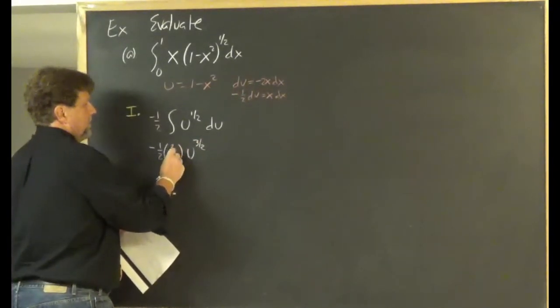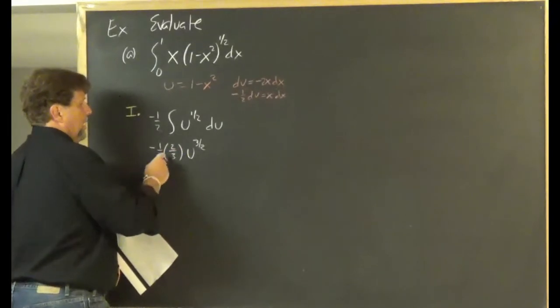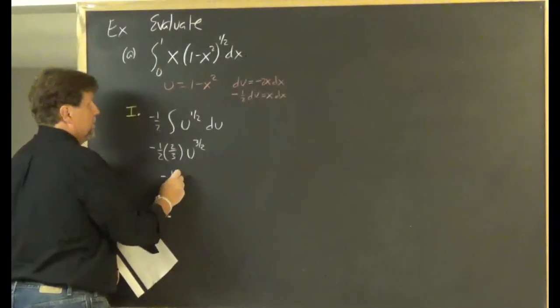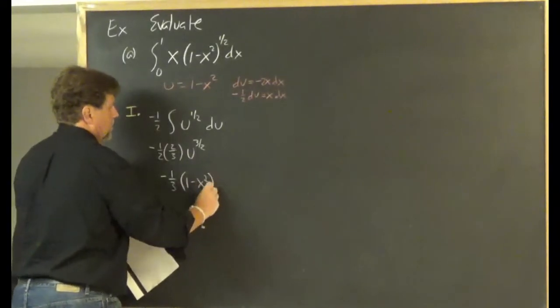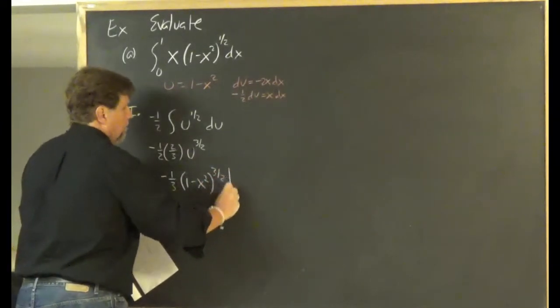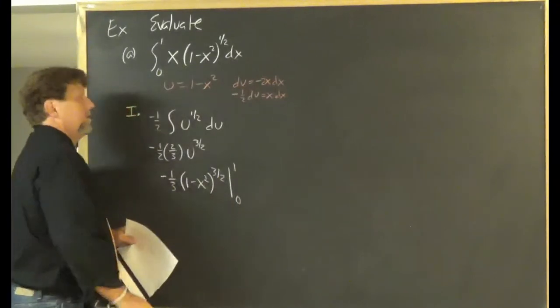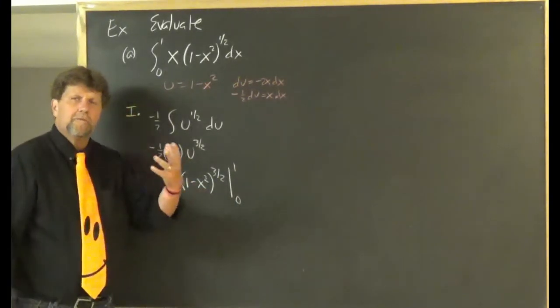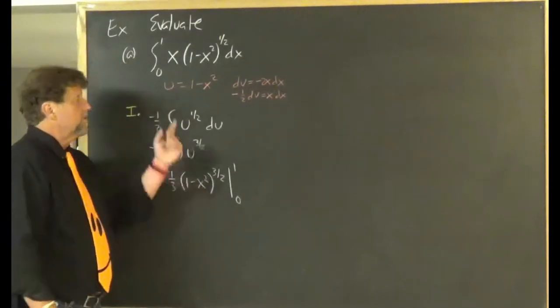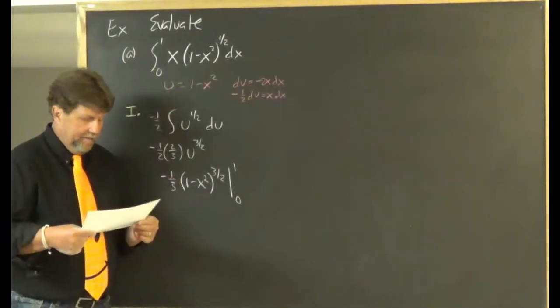See, I better put a 2/3 in there. Resubstitute. Now bring back the limits of integration because you have the antiderivative in terms of x. After you resubstitute, bring back the x limits.